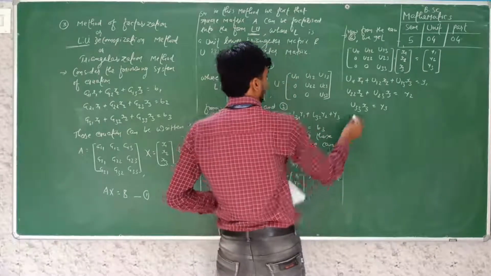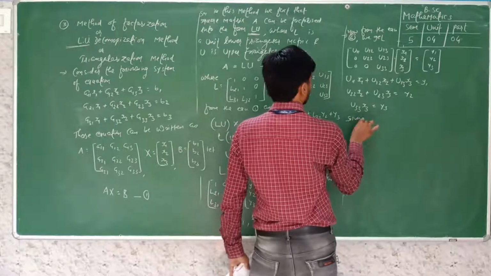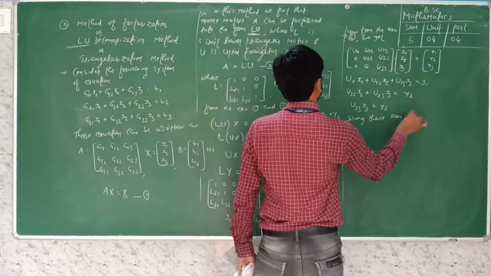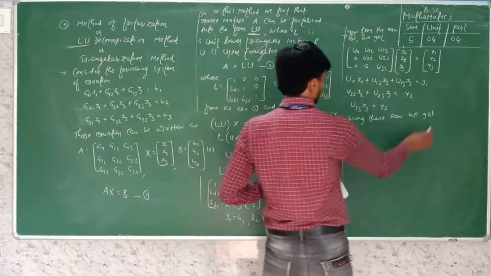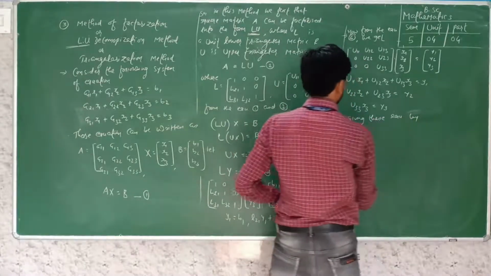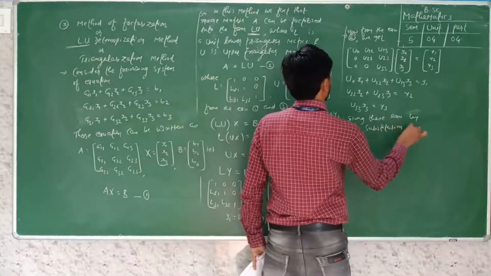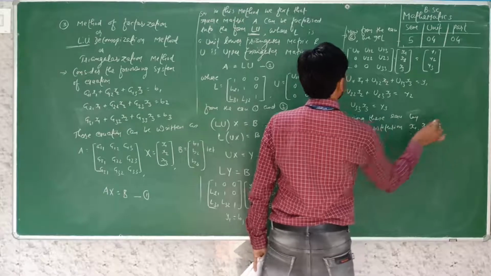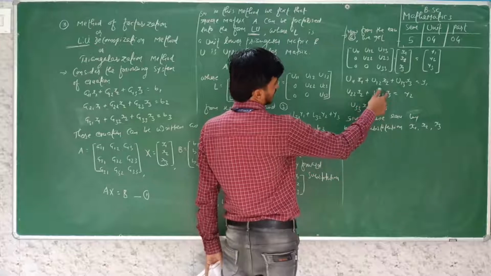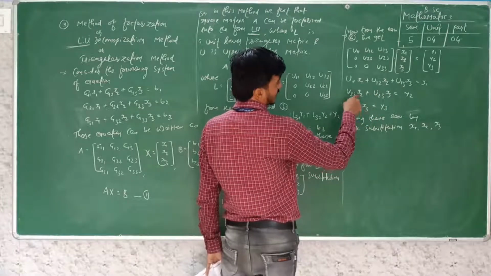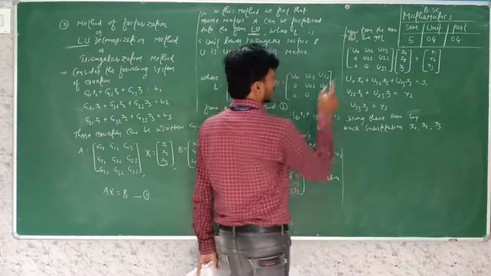So u33 is solved, and we get x3, then x2 and x1 by back substitution. The value of x3 put here gives the value of x2, and the values of x2 and x3 put here give the value of x1.